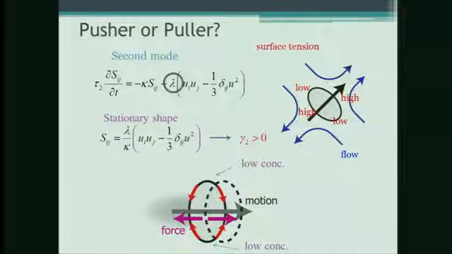Some intuitive explanation for this sign is that suppose we have some elongated droplet perpendicular to the direction of motion like this, and there is some kind of contrail of a concentration field, because this guy is moving in this direction and producing chemical molecules, and therefore the concentration is higher here.